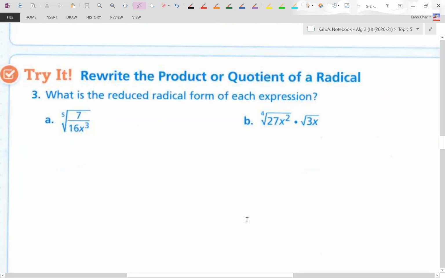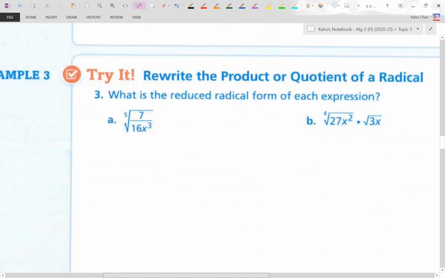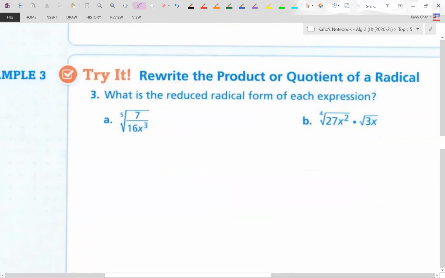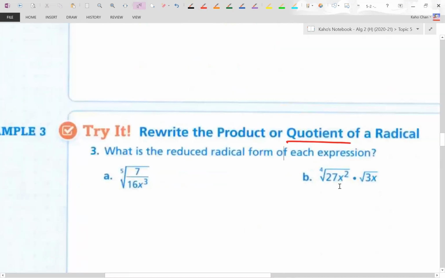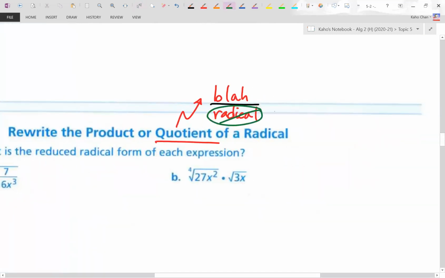Okay, so here's the thing with radicals and fractions. You cannot have a radical in the denominator for quotients, okay? So let me write that down right here. If you have stuff in the numerator, fine. But in the denominator, if you have a radical, that is not allowed. When that happens, you have to do something called rationalize the denominator.